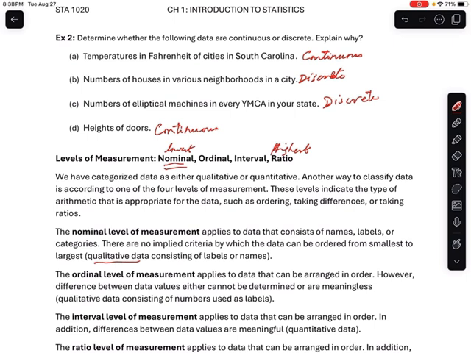What is the ordinal level of measurement? It applies to data that can be arranged in order. This is the big difference between ordinal and nominal: the nominal level is qualitative data, but it cannot be arranged in order. The ordinal level of measurement is still qualitative data, but it can be arranged in order.